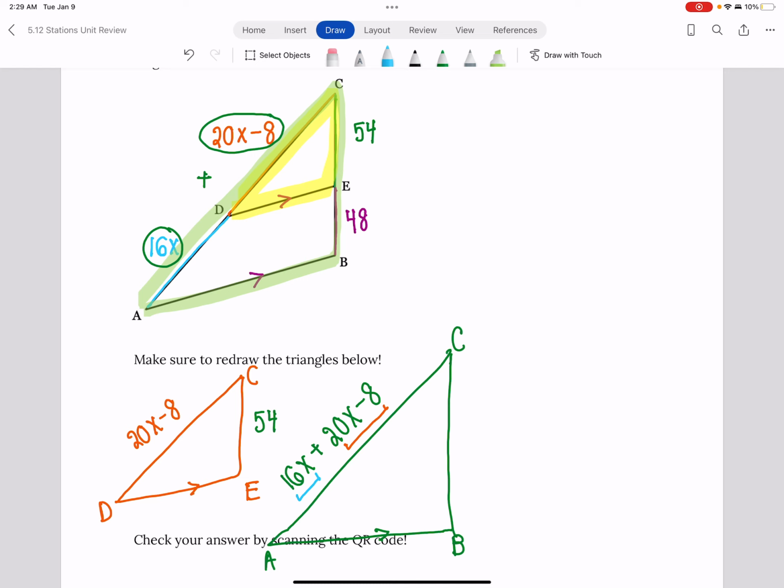Same thing for line segment CB. I need to now add 54 and 48 together.